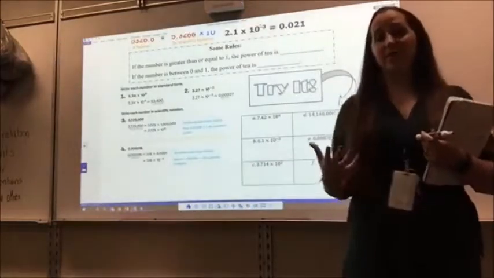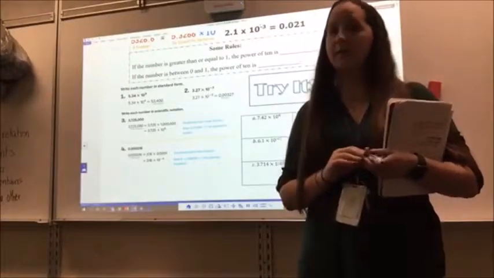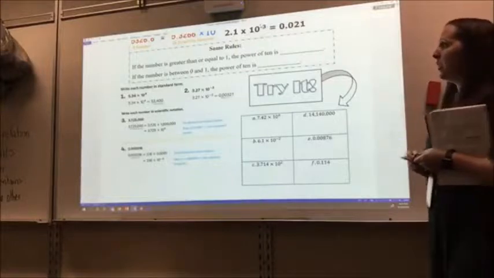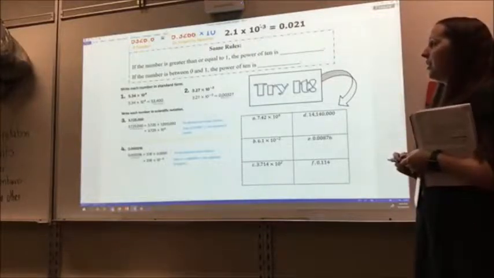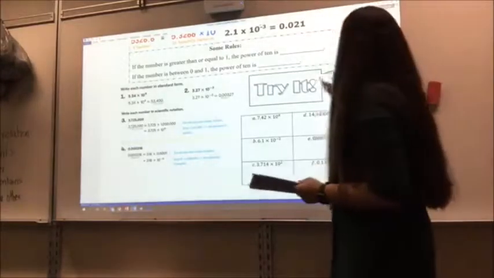Like with everything else, there are going to be a couple of rules that we need to follow for this. So, some rules. If the number is greater than or equal to 1, the power of 10 is positive.